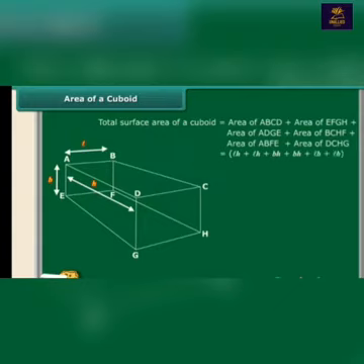Therefore, total surface area of a cuboid is equal to 2 into (lb plus bh plus hl).